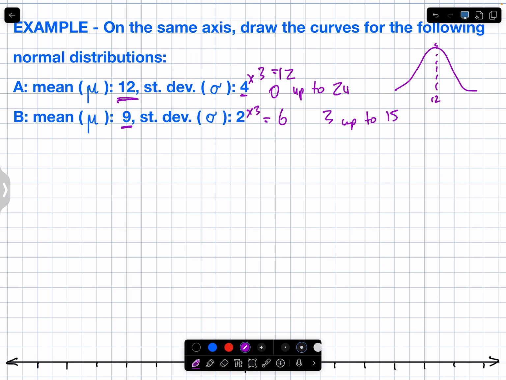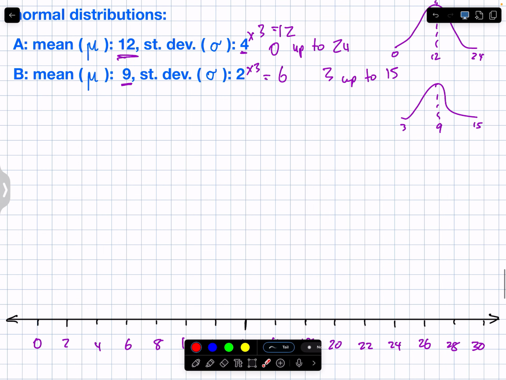This second one, the middle was 9 and the standard deviation is 2, so 3 lots of 2 is 6. This one's going to finish around 15 and around 3 below. That's the thinking behind it. That's not the drawing. It's to decide a scale at the bottom that's going to fit my 2 curves. So now we've decided one that fits 2 curves.